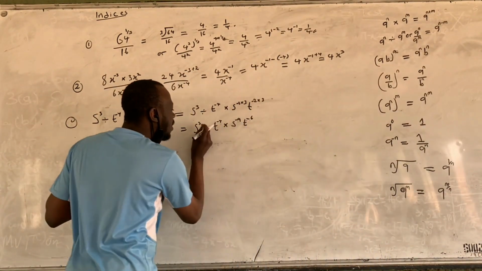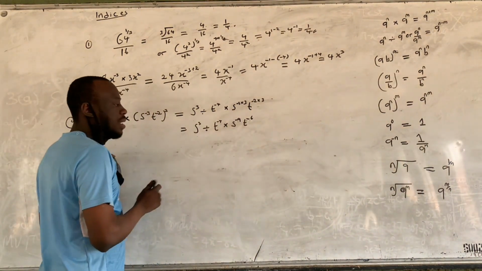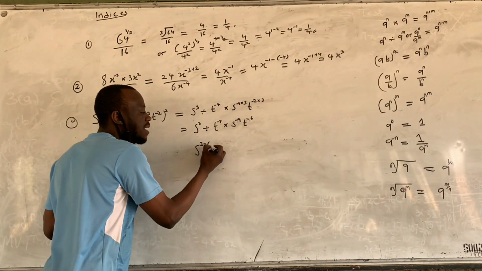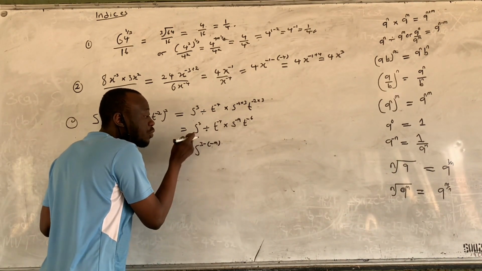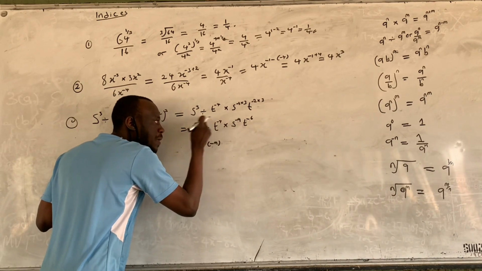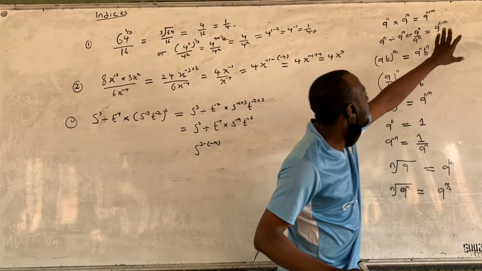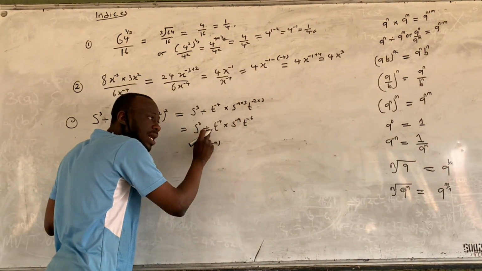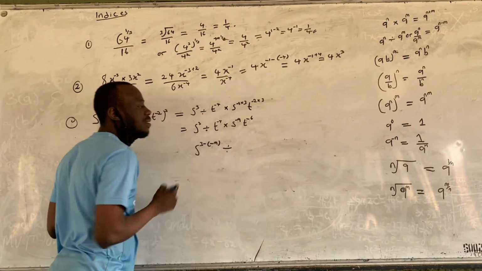Meaning we subtract the power of this and this: s to the power of 3 minus 9. Between this s and this s is a division sign with the same base and different powers, so the rule says we subtract the powers. The division sign is still there, so we say divided by.